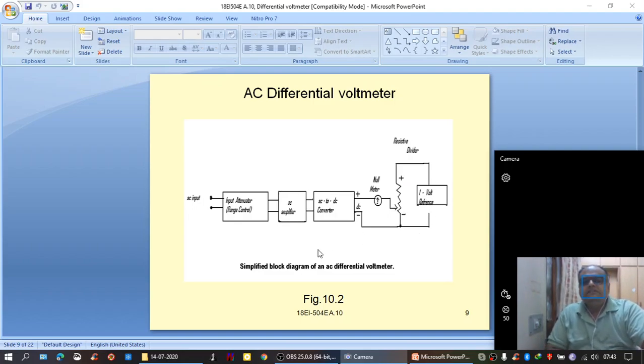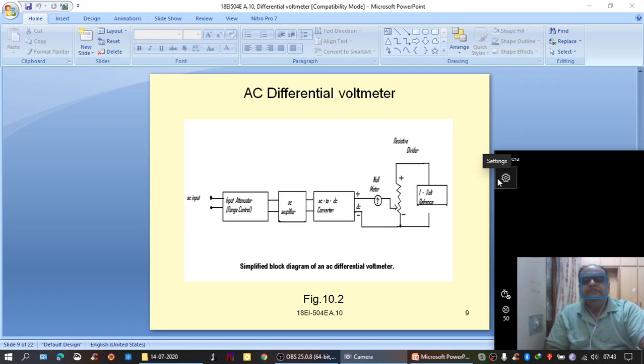Apart from that, it also includes an AC amplifier and range selector, or input attenuator. So AC differential voltmeter mainly consists of input attenuator or range selector, followed by an AC amplifier, followed by AC to DC converter. After that, the remaining portion is the circuit of the standard DC differential voltmeter.